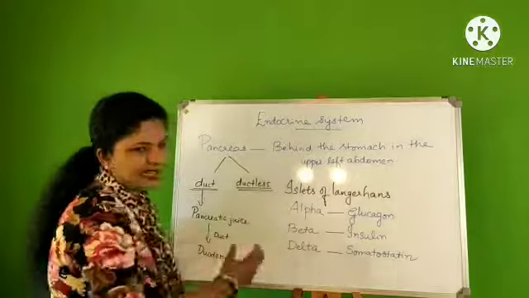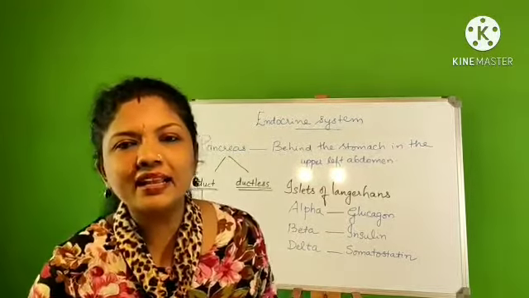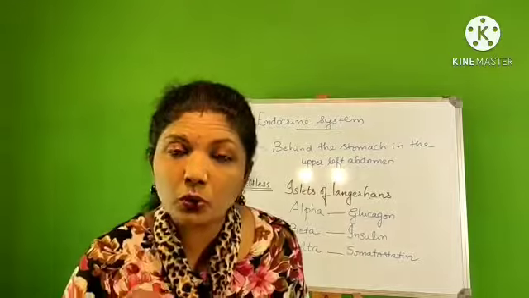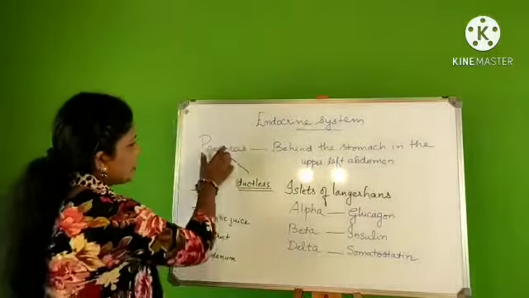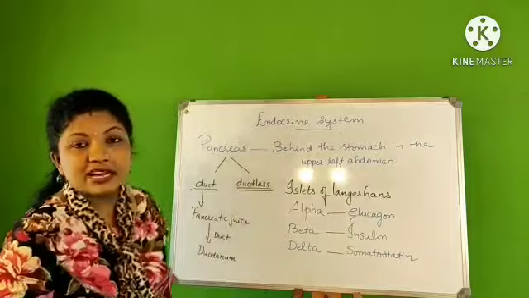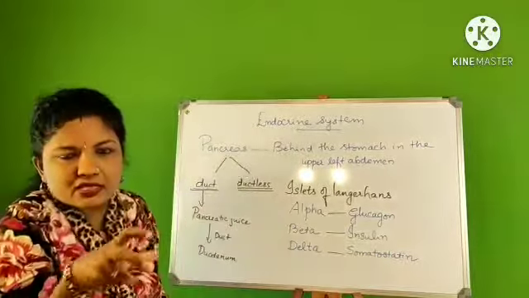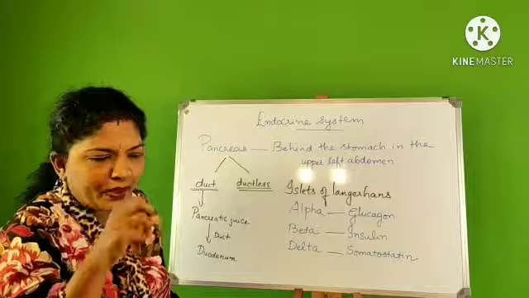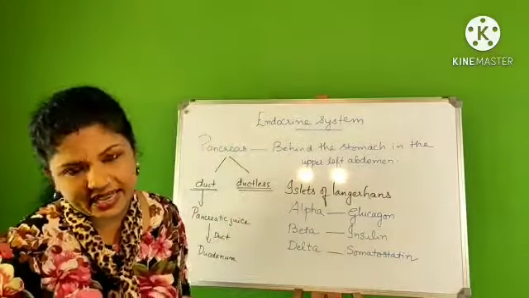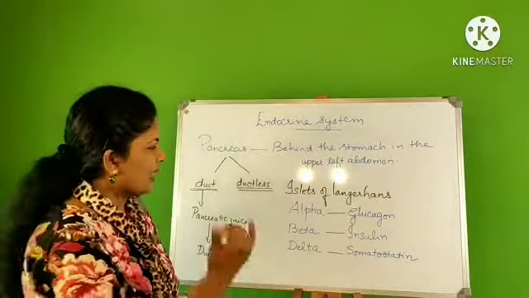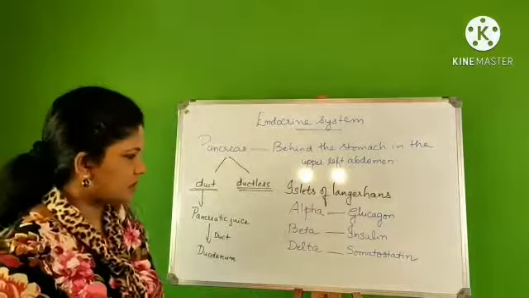All these secretions, the so-called hormones, are directly poured into the blood and not through any special ducts. Because of which the pancreas is also called a ductless gland. This group of cells present in the pancreas is known as islets of Langerhans.